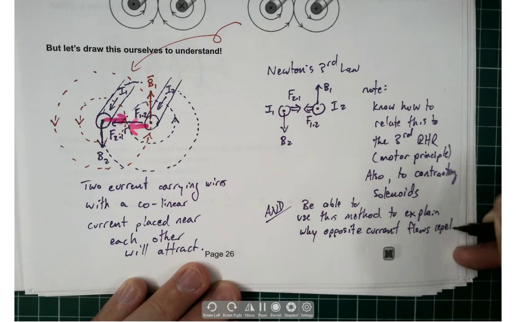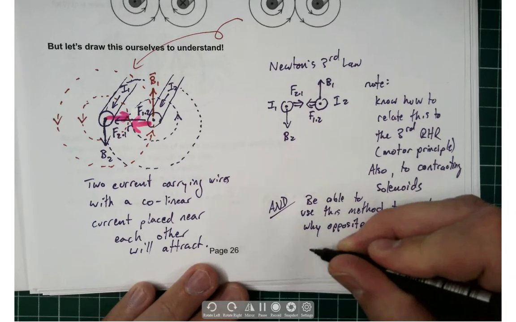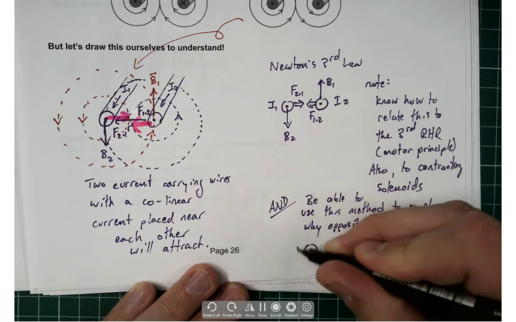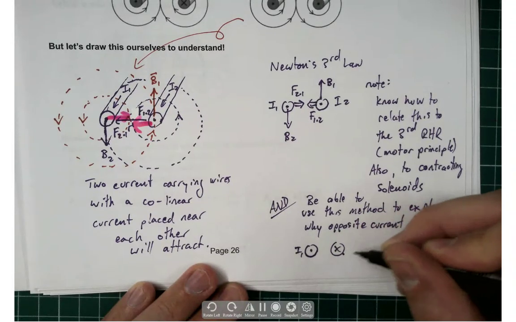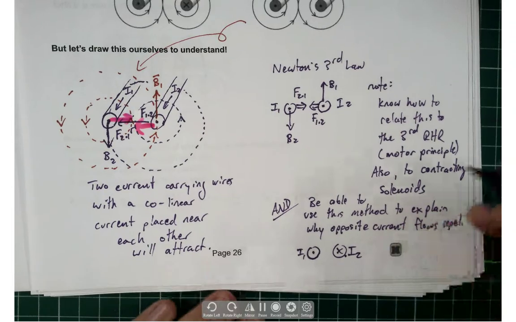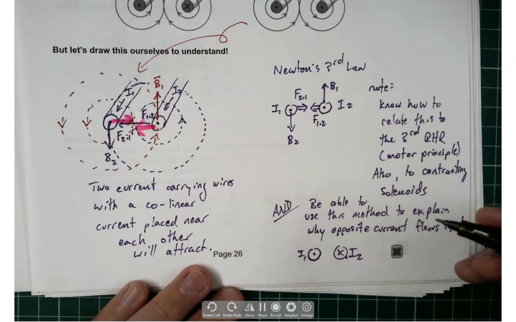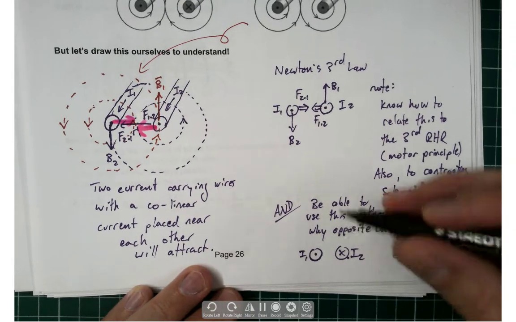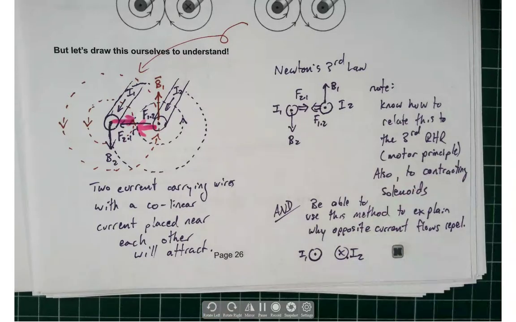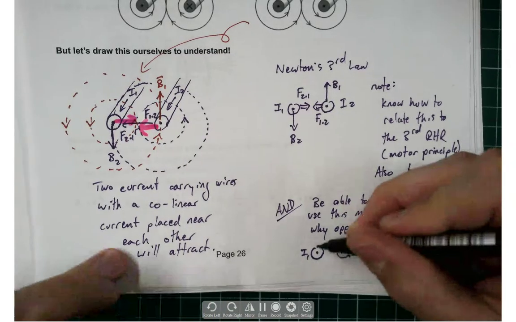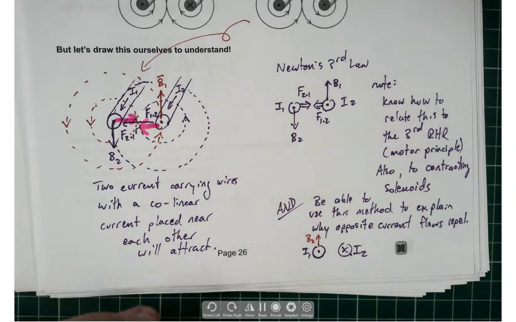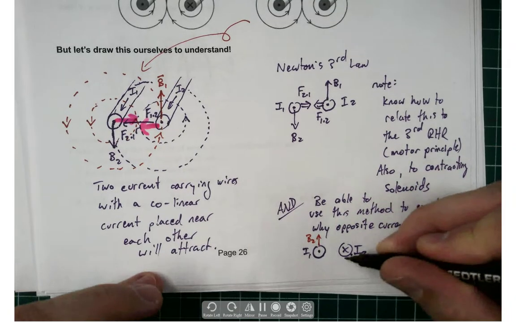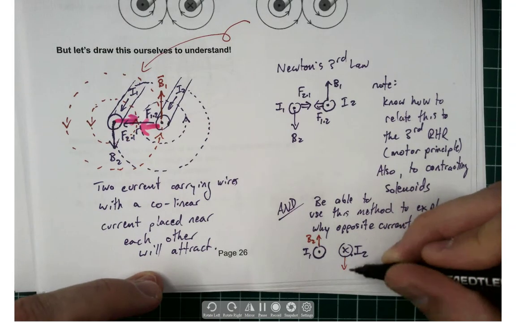Okay, and just to get you started, because I'm not going to hold your hand through this one, I'm talking about current 1 coming out of the page and current 2 going into the page. And of course, that means that current 2 will have a magnetic field that orients upwards on the left-hand side, and current 1 is going to produce a magnetic field that operates, not downwards.